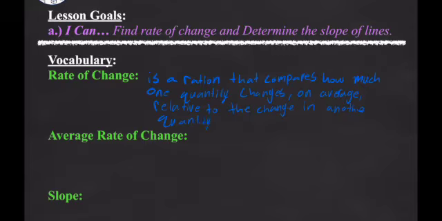So the rate of change is a ratio that compares how much one quantity changes on average related to the change in another quantity.